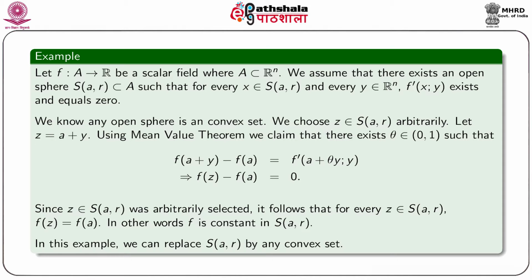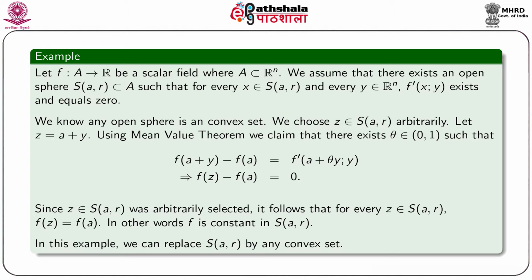We know that any open sphere is a convex set. We choose any z from S(a,r) arbitrarily, then we can express z equal to a plus y. Now, using the mean value theorem, we can claim that there exists theta from the open interval (0,1) such that f of a plus y minus f of a equals f dash(a plus theta y, y).